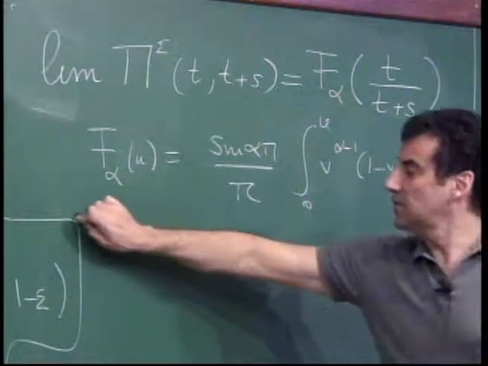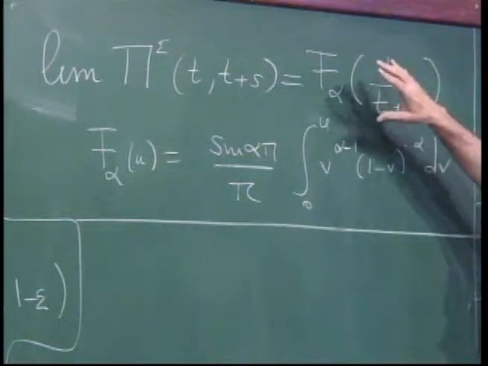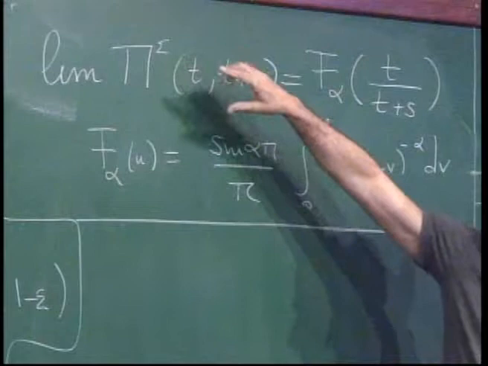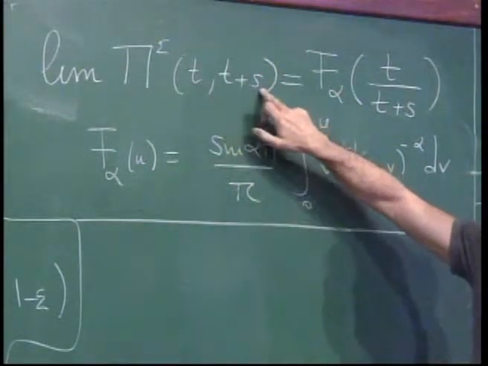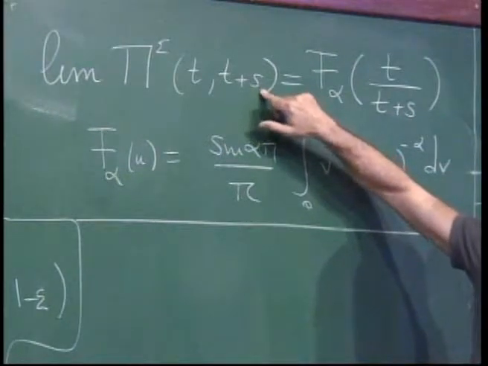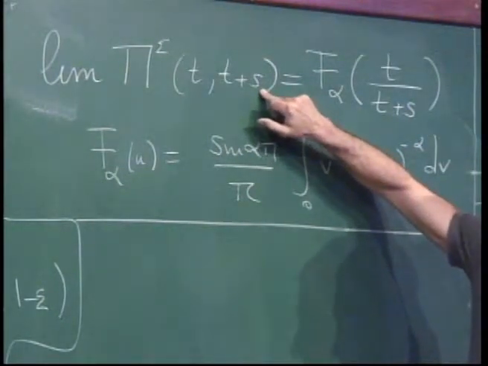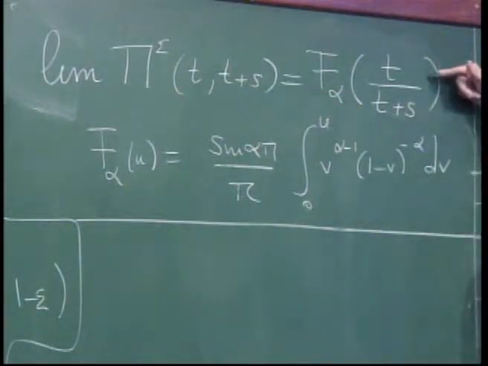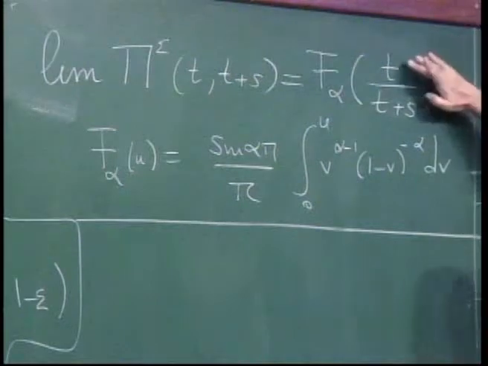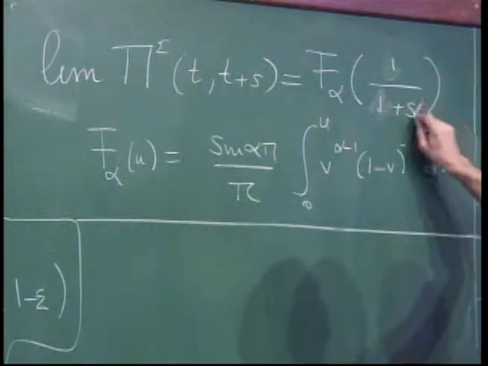So let's look at what this tells you. This says the probability for the system in this time scale to essentially be at the same place after an evolution of length s does not depend on s only, but depends on s divided by t. Because I can, of course, divide all this by t, and I get 1 plus 1 over s over t.